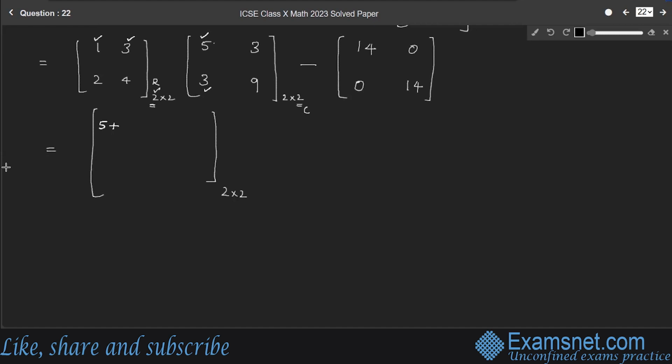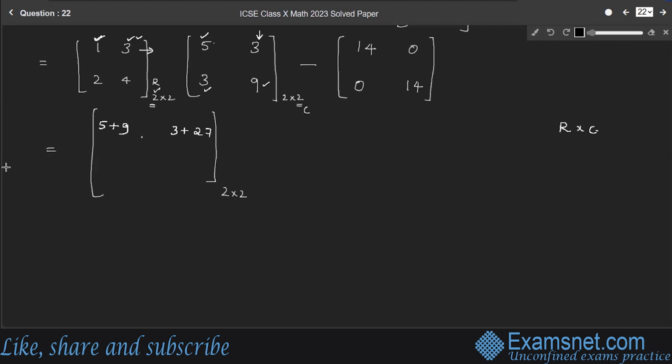So 3 into 3 is 9. So we have 5 plus 9 as the first element. Now consider the second element. Again consider row 1, 1 into the first element of column 2. So 1 into 3 is 3, plus the second element of row 1 into the second element of column 2, so 3 into 9 is 27.